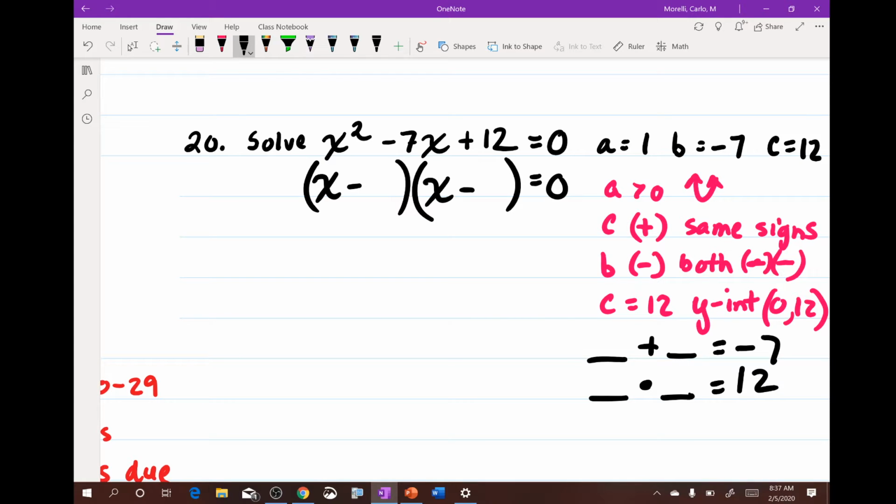So I need two numbers that add to equal -7 and multiply to equal 12. Both those numbers have to be negative. -3 and -4. That's what I'm talking about. -3 plus -4 equals -7. -3 times -4 equals +12. So just put a 3 here and a 4 here and you're done.